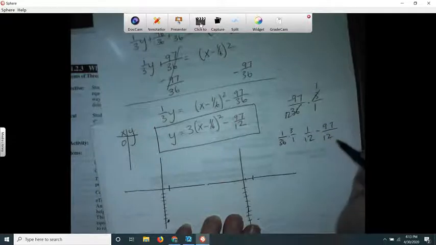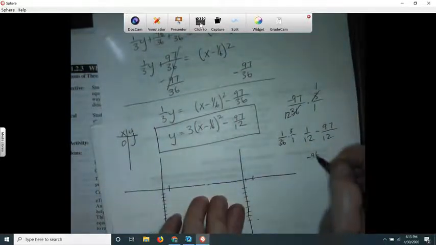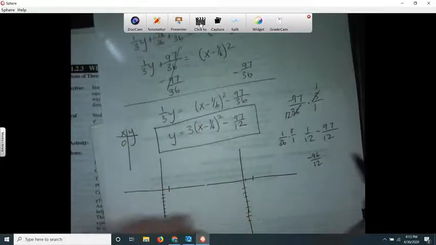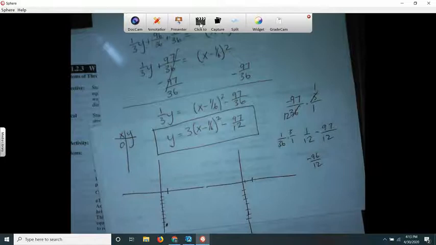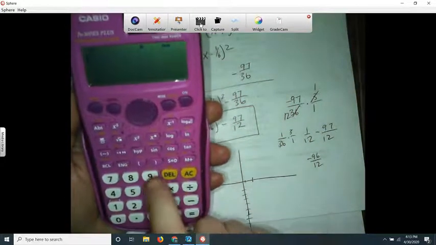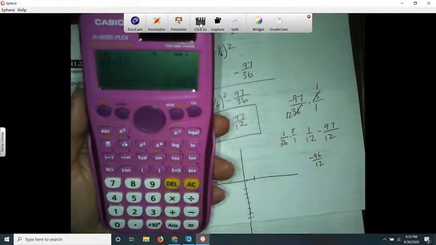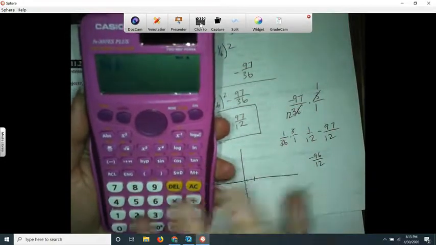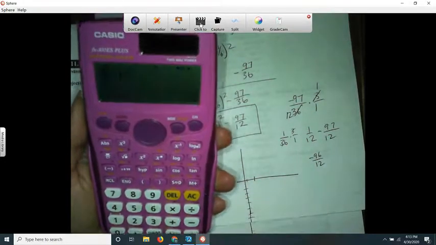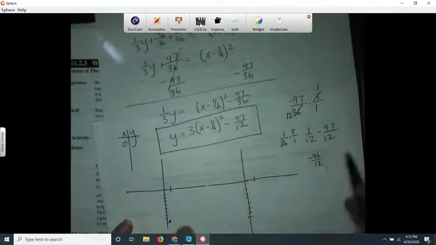And that gives me negative 96/12. Let's see what that is. That's still very close to 8, I think. Oh, it is 8. Okay, so it's negative 8.